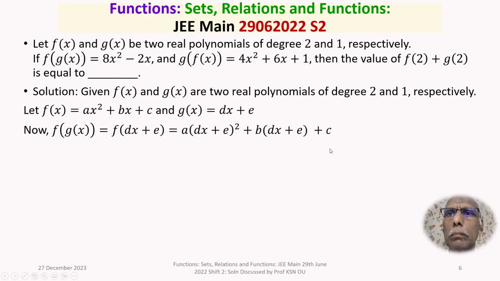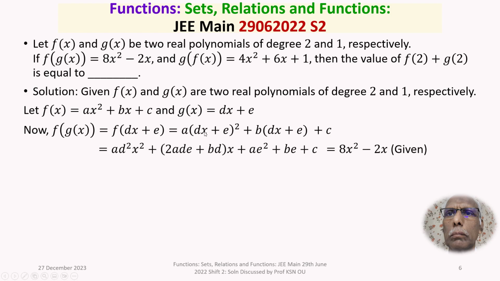And simplify, you will get ad square x square plus 2ade x plus bdx. Those put together is 2ade plus bd in brackets x, and the constant terms ae square plus be plus c, and it is given to be 8x square minus 2x.